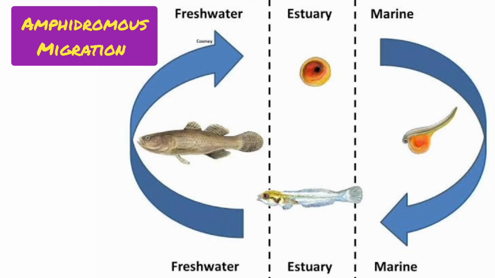A typical cycle of amphidromy includes eggs hatching in freshwater or estuaries, larvae drifting out into the open ocean to feed and grow, juveniles returning to freshwater to feed and grow, and adults reproducing in freshwater. For example, gobies, such as those found on volcanic islands in the Pacific, exhibit an amphidromous life cycle.